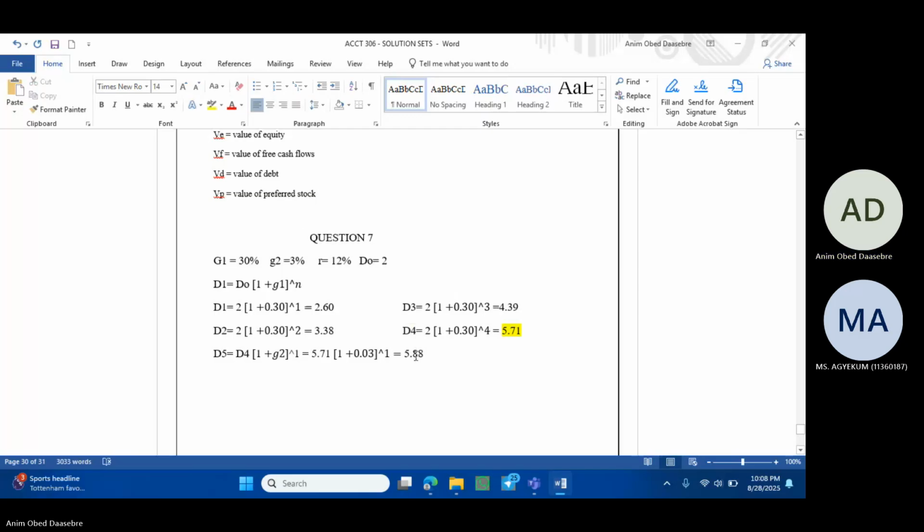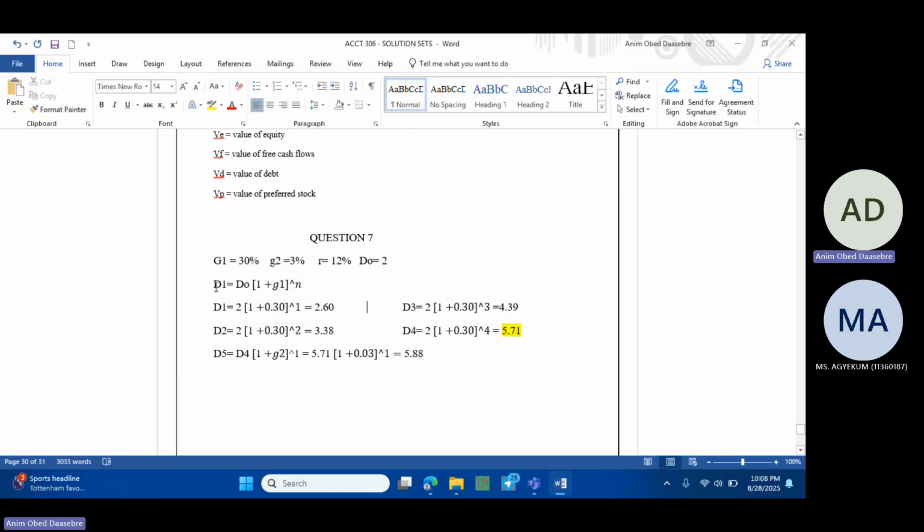So terminal value is the last cash flow, the last year. Terminal value always exists at the last year, right?